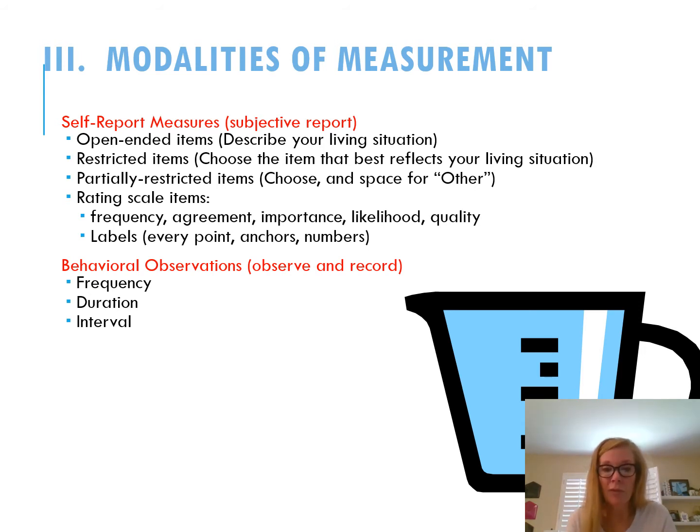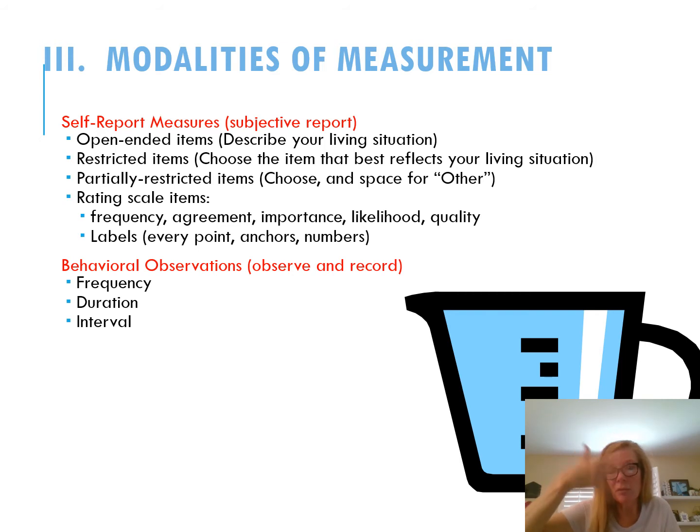The second method is called the duration method, and we decided to observe the stereotyped behavior using the duration method. Again, you have a specified time frame during which you're observing the target child, but instead of counting the number of times something occurs, you track how long the behavior occurs within that time interval. If a child is visually self-stimulating by a behavior like this, that's hard to track using the frequency method.